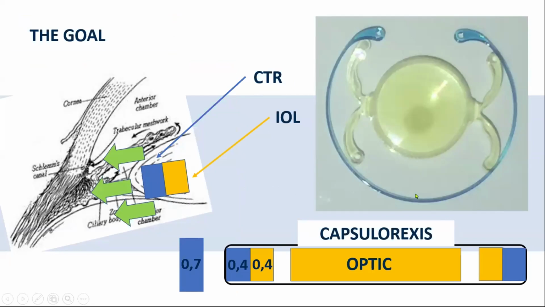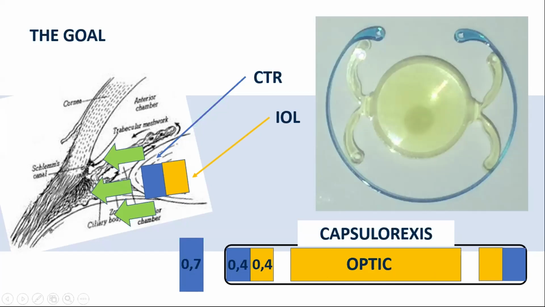This is what we want to achieve. The CTR and the lens inside are not overlapping. In a cross section of the capsular bag, you should have the CTR, and then the haptics of the IOL and the optic of the IOL.